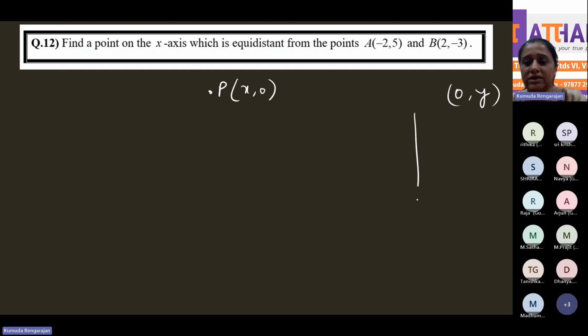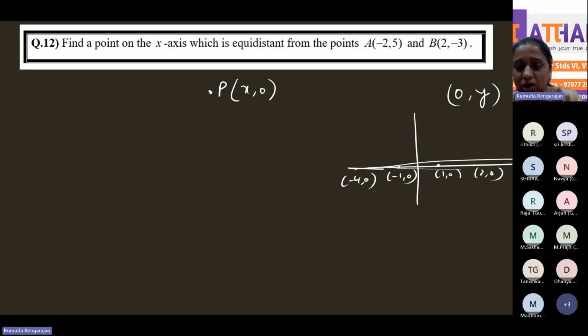See, on the x-axis, y is always 0. Every point on the x-axis, see what this is: (1, 0), (2, 0), (-1, 0), (-4, 0). On the x-axis, y is always 0.